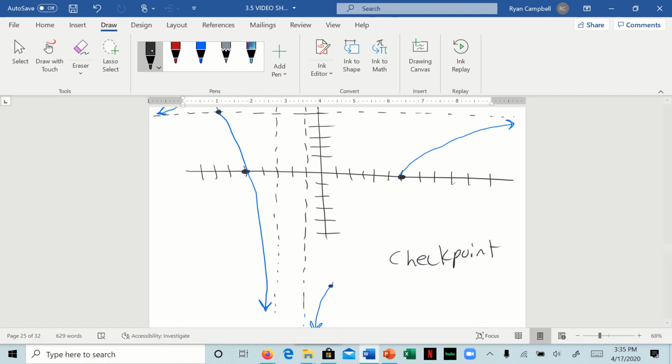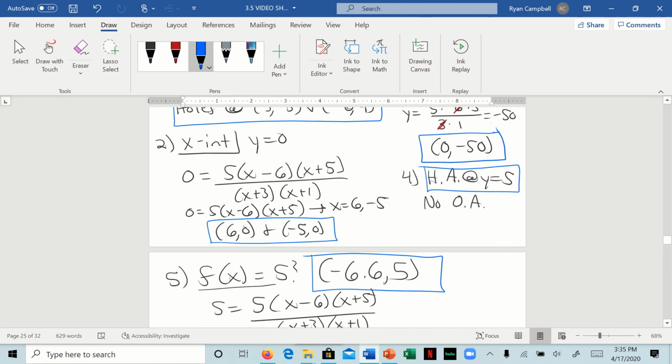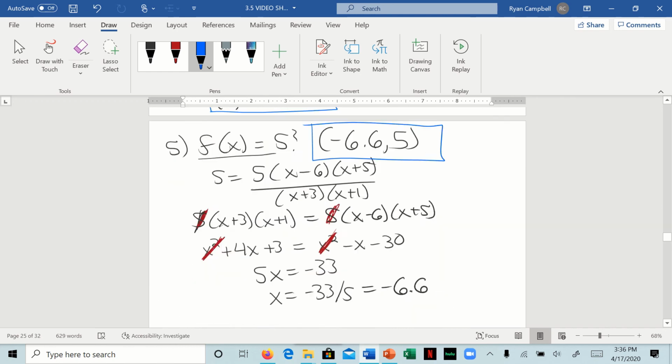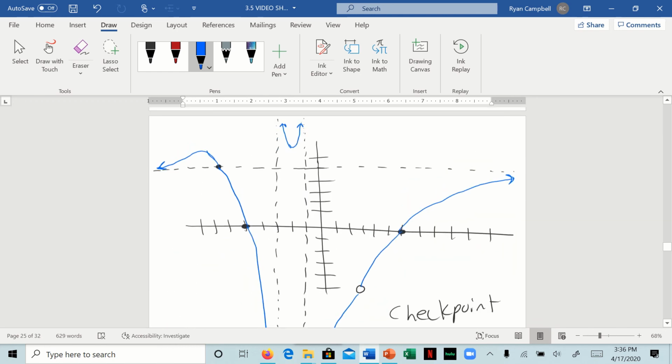So there should be a hole right here. And then we had another hole at -6, 4. So -6, go up to 4. We had another hole there.